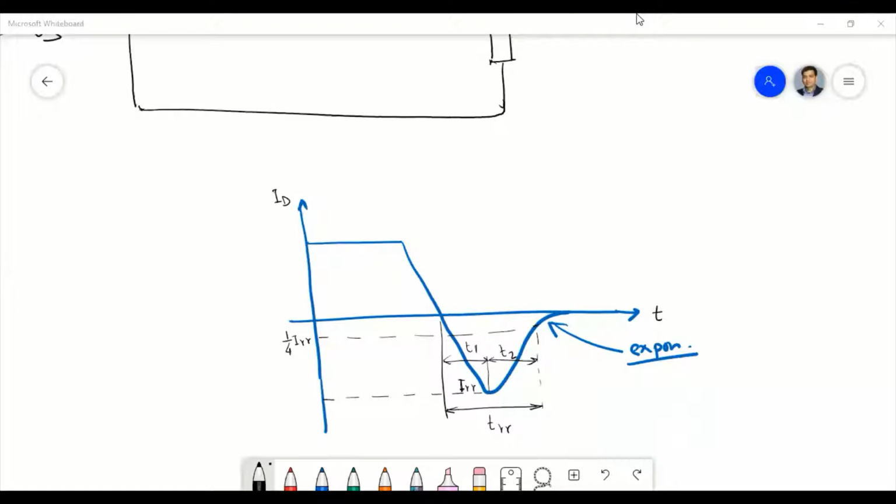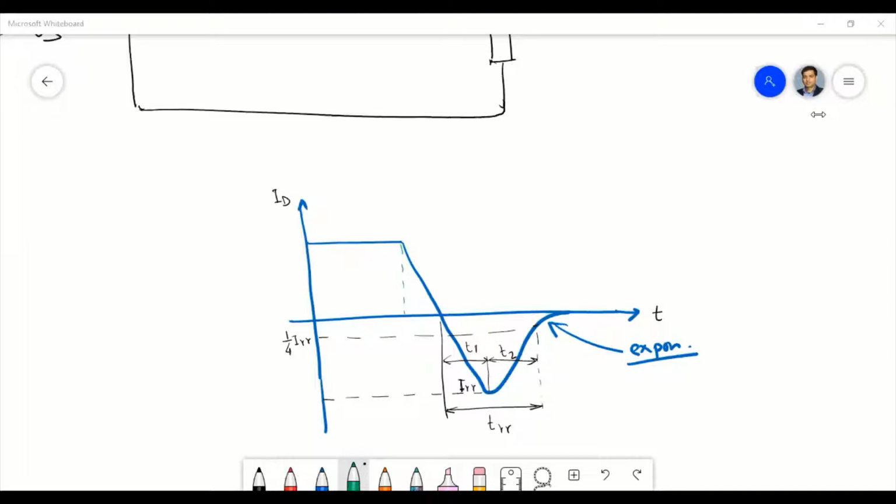Okay, so can you tell me in this curve of ID, at which point the device becomes reverse biased? At which time instant? At the point the current starts decreasing. So your answer is this point. This is the reverse bias condition.